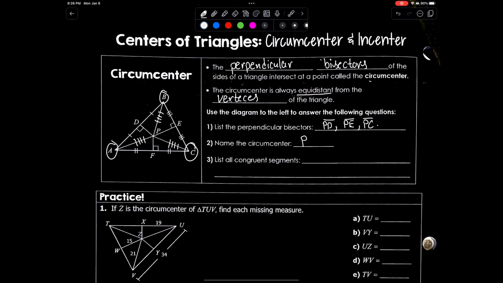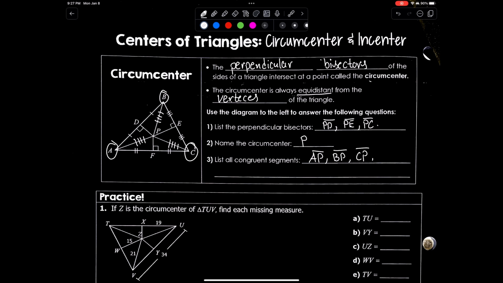So that has to be the point P. So all the congruent segments then, well, I already marked them. The ones that I'm really worried about are the distance from the circumcenter to the vertices. So we've got AP, and we've got BP, and we've got CP.